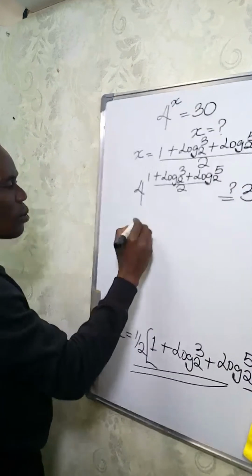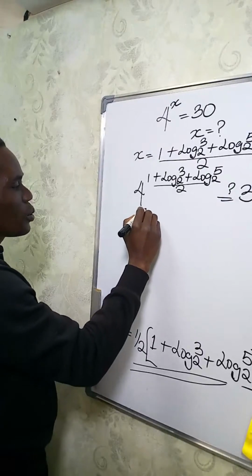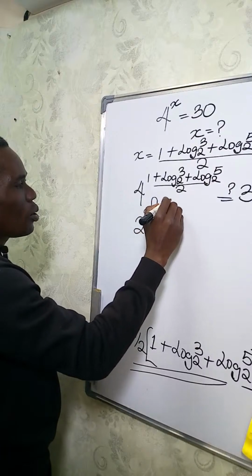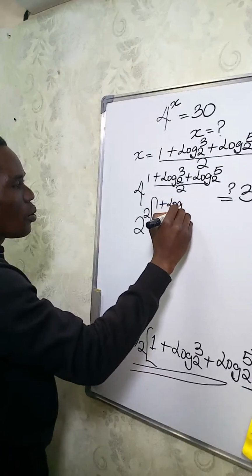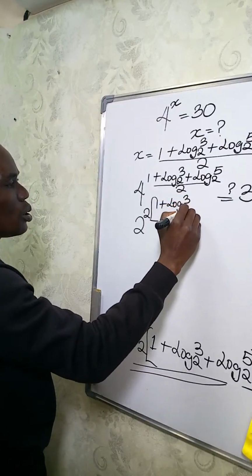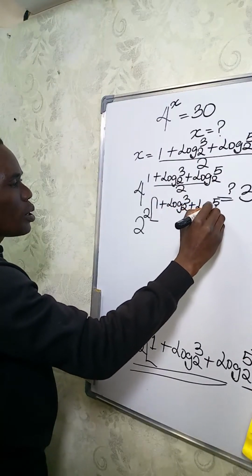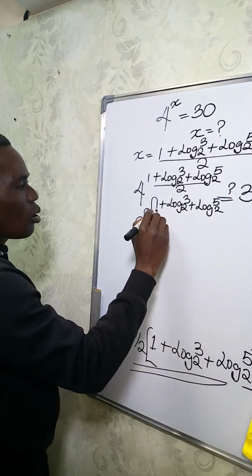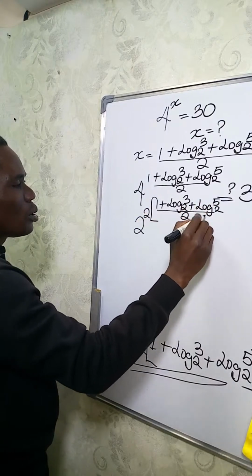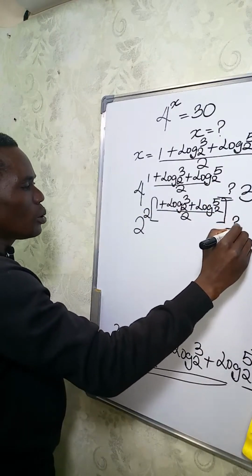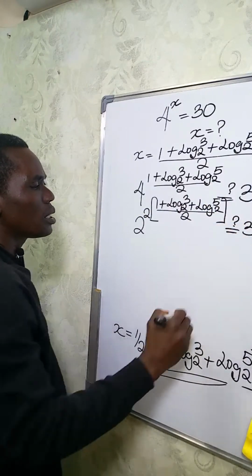Now remember, 4 can be 2 to the power of 2, and then 2 will multiply this whole expression, 1 plus the log of 3 base 2 plus log of 5 base 2, and all divided by 2, right? And will this be equal to 30?